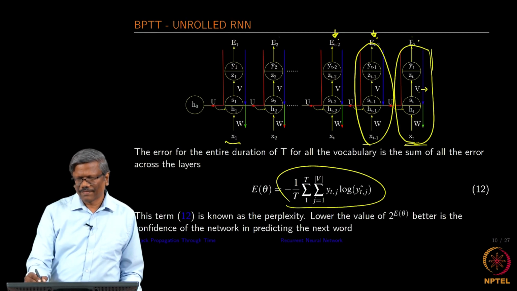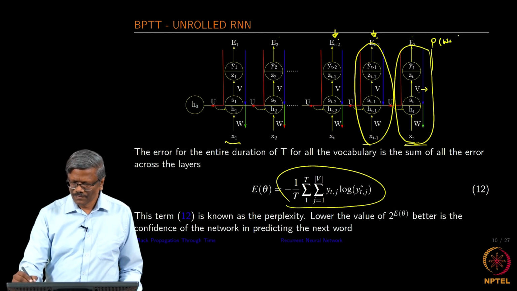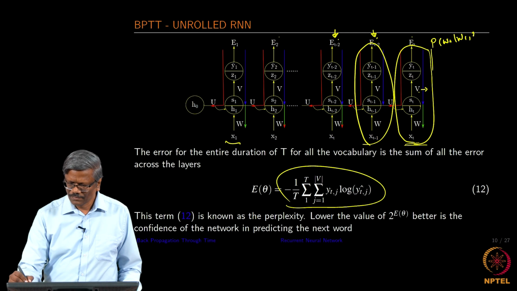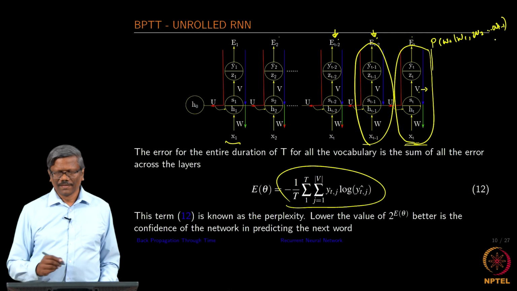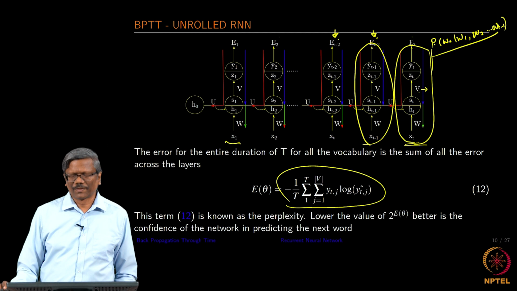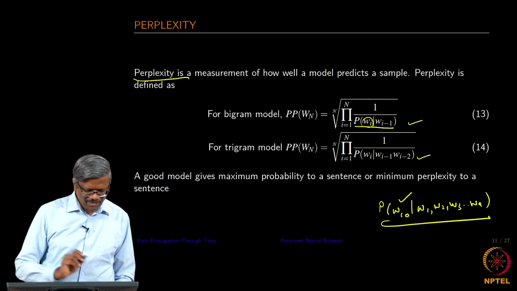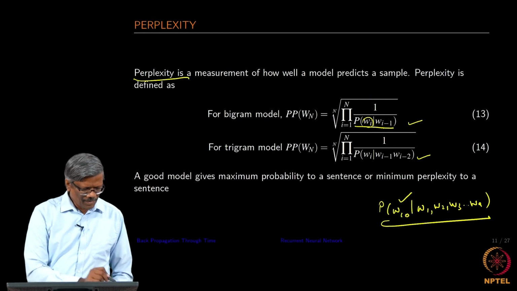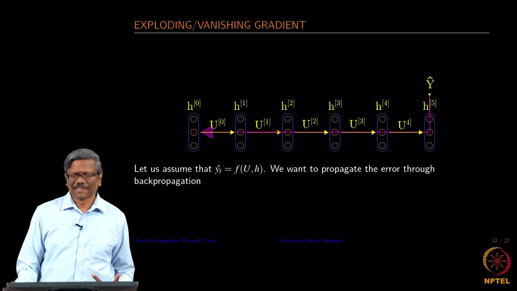What we are finding here is nothing but this. This is what we are trying to find out. So, once the prediction is right, we move on to the next job, correct. So, the perplexity is computed using this formula. The lower the perplexity, the better it is. All right.